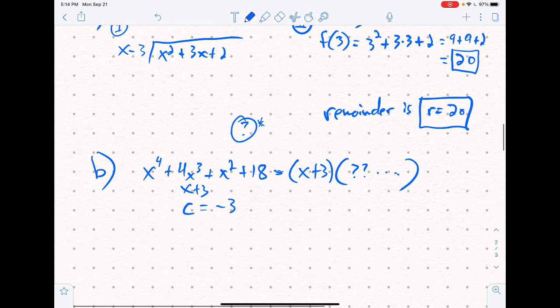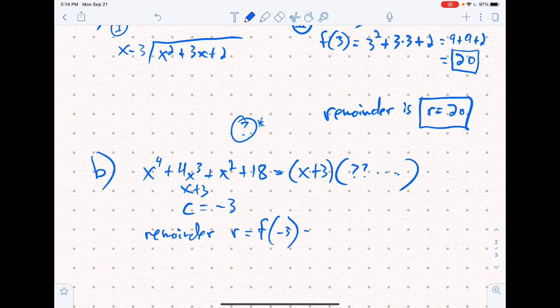Now we can find the remainder, r, by plugging in. If we were to divide this by x plus 3, we would get a remainder of some kind, maybe 0, maybe something else. We can find that remainder, according to the remainder theorem, by plugging the number in. So this is f of negative 3.